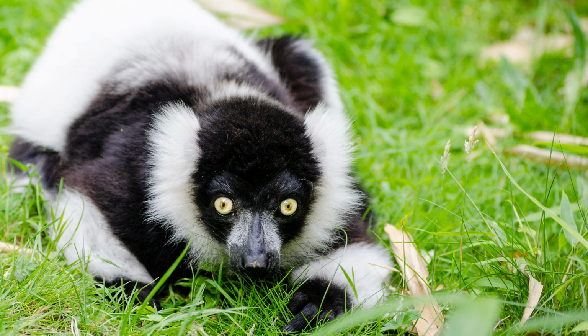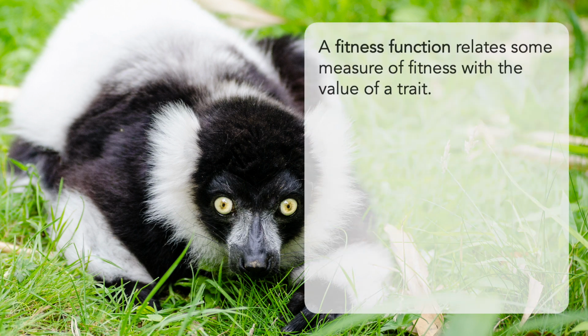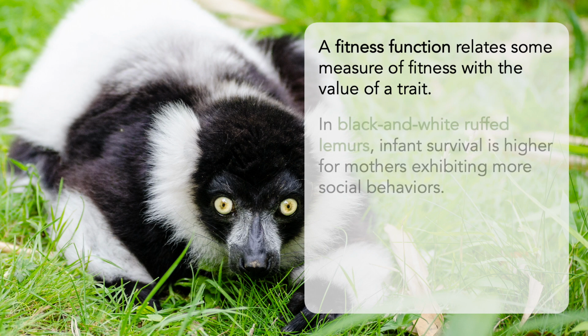We can understand the effects of directional, stabilizing, and disruptive selection by comparing the relative fitness of different values of a trait. A fitness function relates some measure of fitness with the value of a trait. Survival and reproduction are common correlates for fitness. In black and white ruffed lemurs, infant survival is higher for mothers exhibiting more social behaviors.